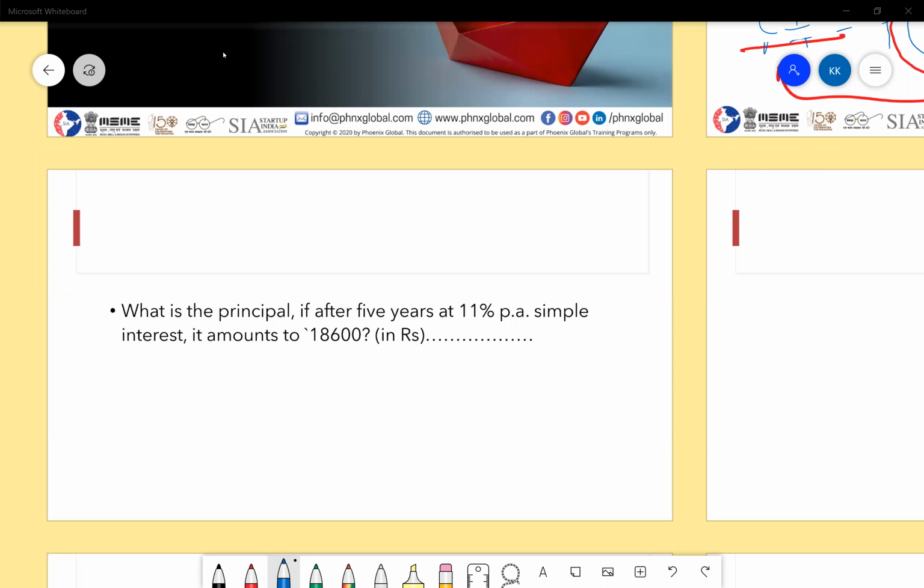No, Prerit, your answer is wrong. Check it again. Uttam, your answer is correct. This was just simple interest, guys, not compound interest.